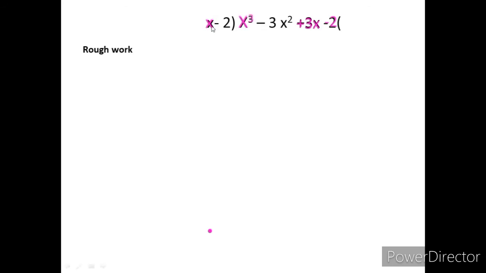To answer this, you have to divide this glowing x cube with this glowing x. Then you will get the first term of the quotient. First term of the dividend is divided by the first term of the divisor.